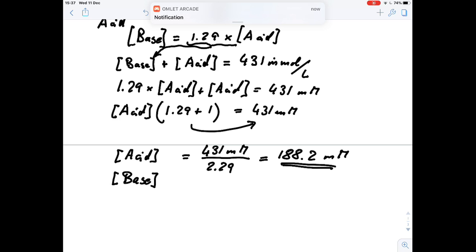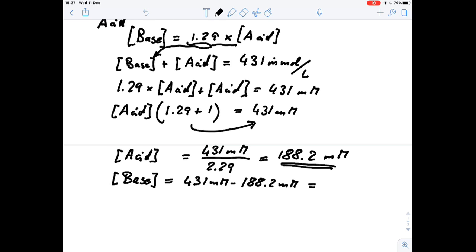So for the base concentration, we just simply say this is our 431 millimolar minus the acid concentration, minus 188.2 millimolar. And can we do that in the head? Probably not. So that gives us 242.8 millimolar. So that is our base concentration.